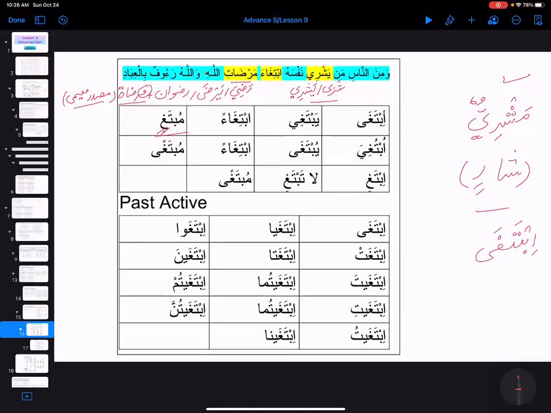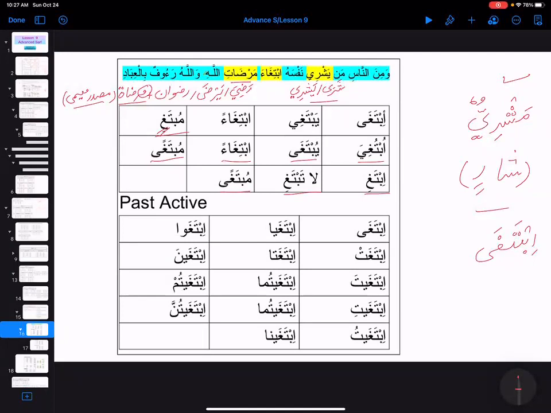It's all tongue twisters. Ibtagha, yabtaghi, ibtigha'an, fahuwa mubtaghin, mubtagha. And yeah. Then ibtaghi, la tabtaghi and mubtagha. I didn't see that.